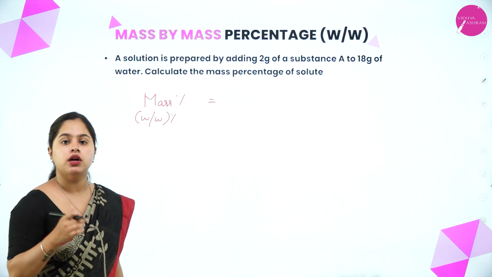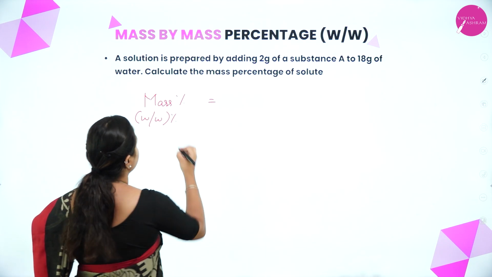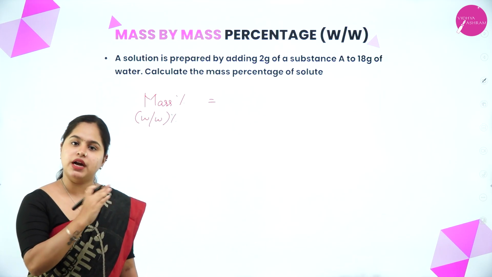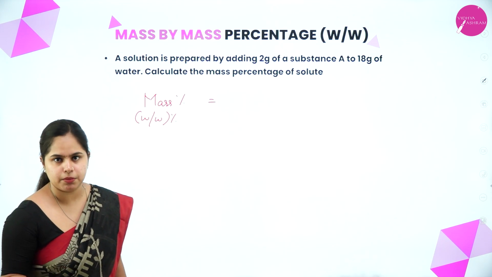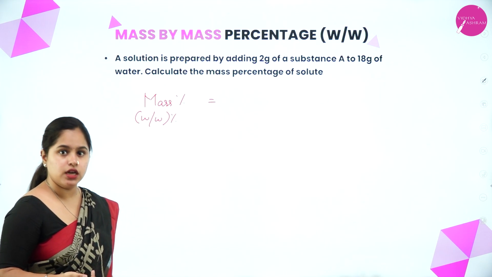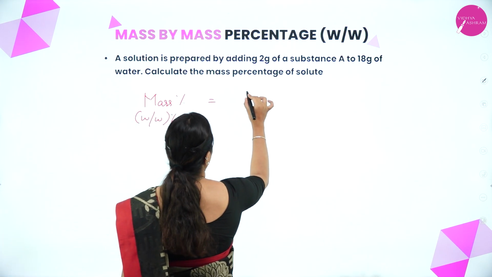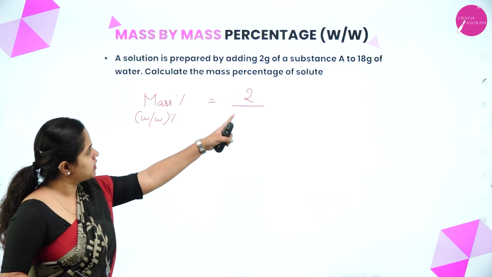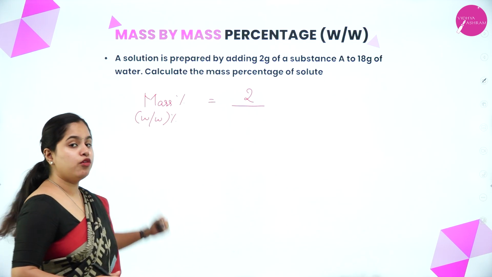What is this W? W is the mass, right? So that will be equal to the mass of the component by total mass of the solution multiplied by 100, right? A solution is prepared by adding 2 gram of the substance, so that is the mass of your solute, divided by the total mass of the solution.